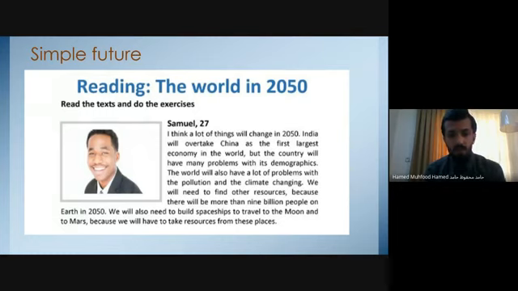He also speaks about some problems with demographics, maybe with population. He says we will be more than 9 billion people, and this results in less resources.